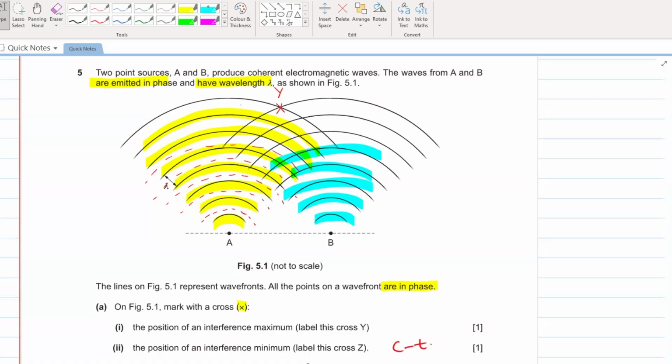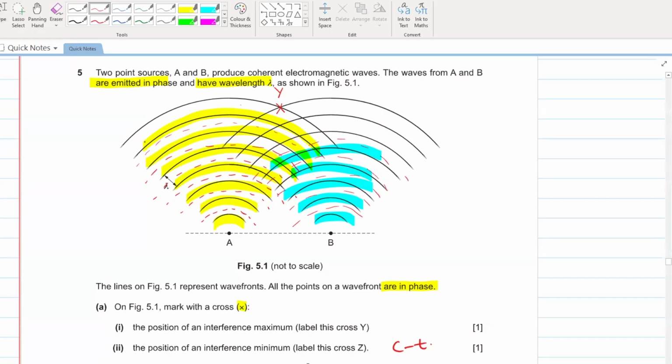Between two crests we have a trough. Can you see these dotted lines that I am making? These are troughs. Whenever a crest and a trough meet, this will give rise to what?